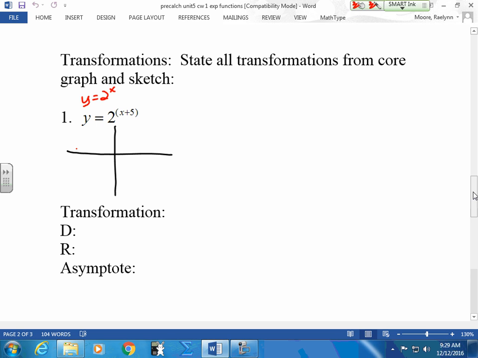So originally my parent graph looked like this. A domain, all real numbers, range from 0 to infinity, passes through 0, 1, and so on. What does this do? Yeah. So let me think back to something that I was comfortable with.